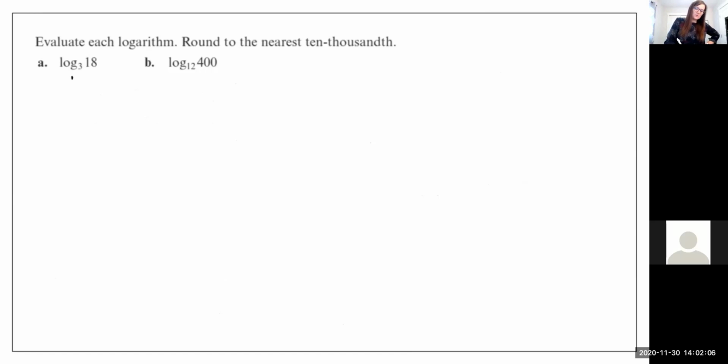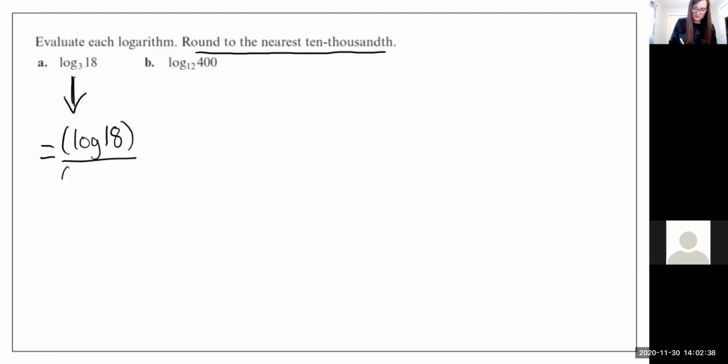Okay, so if you wanted to evaluate each logarithm and round it to the nearest ten-thousandth, like if you really wanted the decimal form of these exact forms, you need to know how to access this on your calculator. So if you can grab your calculator, the change of base formula would tell you that instead of log base 3 of 18, which you can't actually enter into your calculator, you can do log base 10 of 18 over log of 3, or ln of 18 over ln of 3.